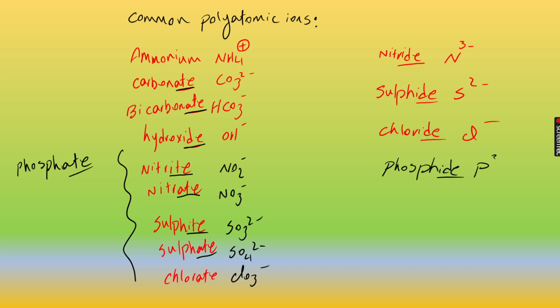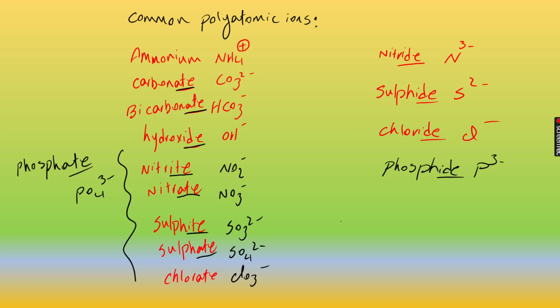Phosphide was P3 minus, but the phosphate should be PO4 3 minus.